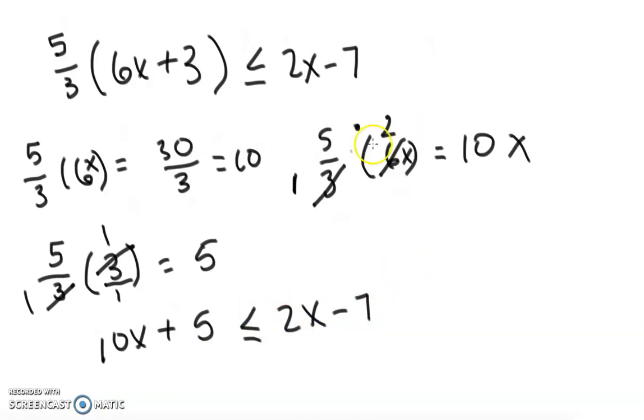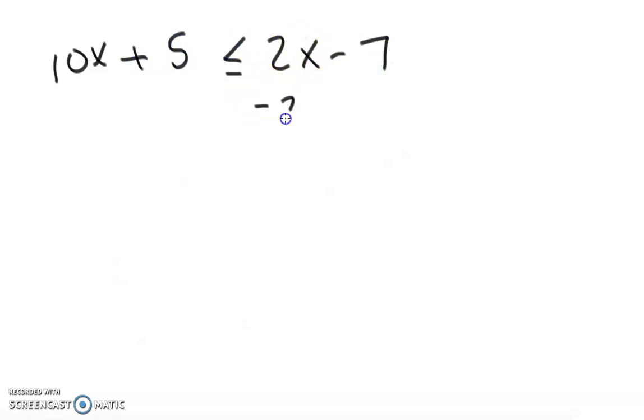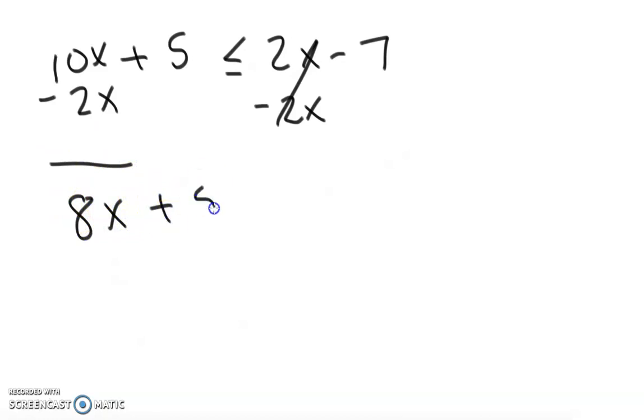Now we want to bring the x's to one side and keep the numbers on the other side. 10x plus 5 is less than or equal to 2x minus 7. So bring the x's to one side. I like to keep my x's positive, so it looks a little less complicated. So 8x right here. There's a 5 here, which we do need to remove.